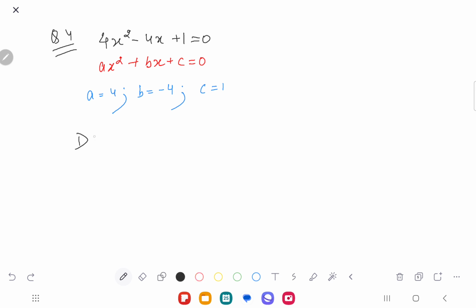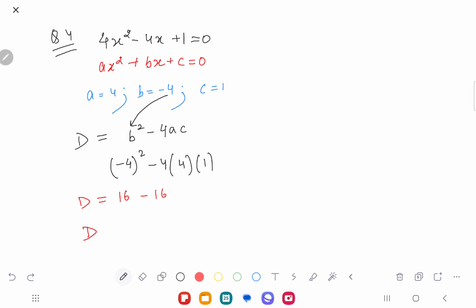So the discriminant here shall be what? b square minus 4ac. So it is going to be minus 4 square minus 4, where a is 4 and c is 1. So it shall be 16 minus 16 here again, and that means it is 0.